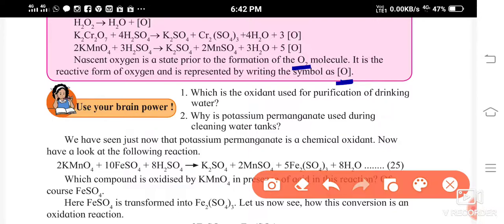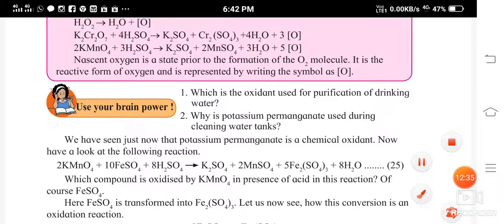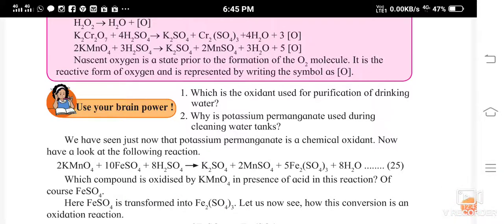I have told you. Now, which is the oxidant used for purification of drinking water? You might be knowing this.